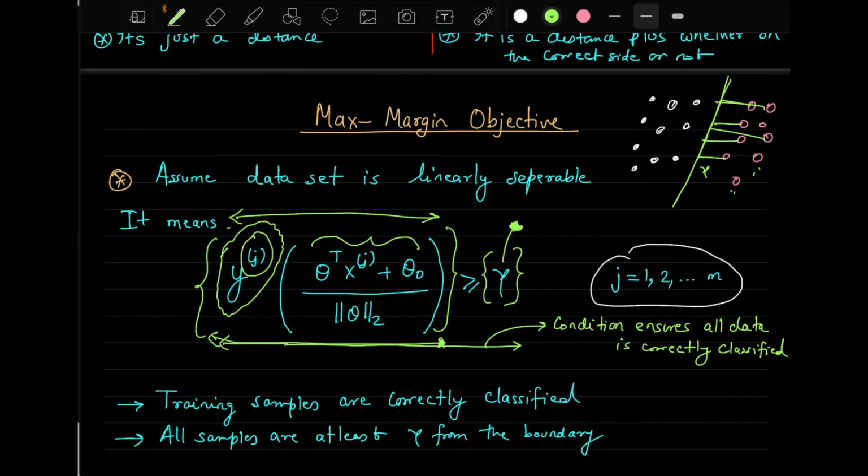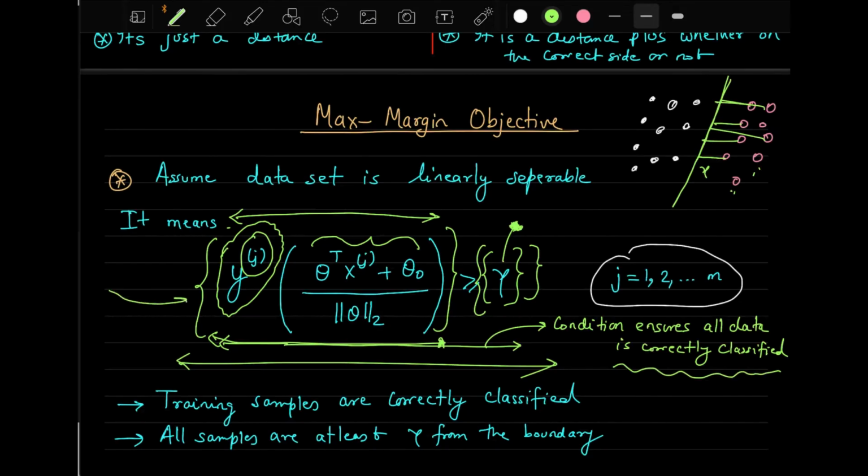And if all the points are correctly classified, then we are saying that it is at least greater than some margin, which is gamma. So by writing this condition, we are ensuring that all the data are correctly classified.